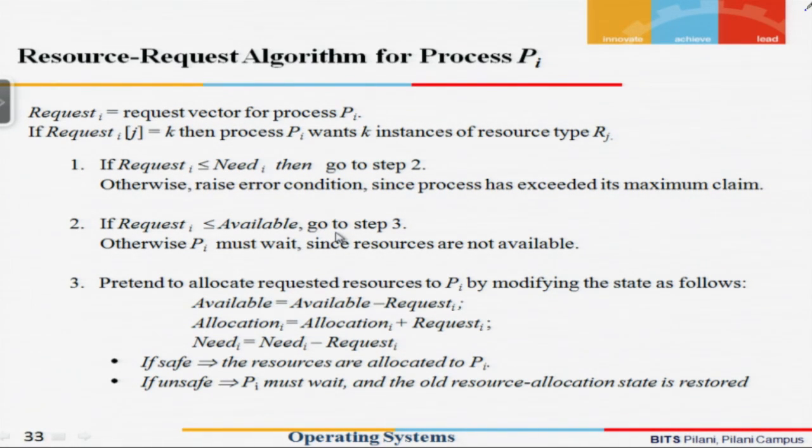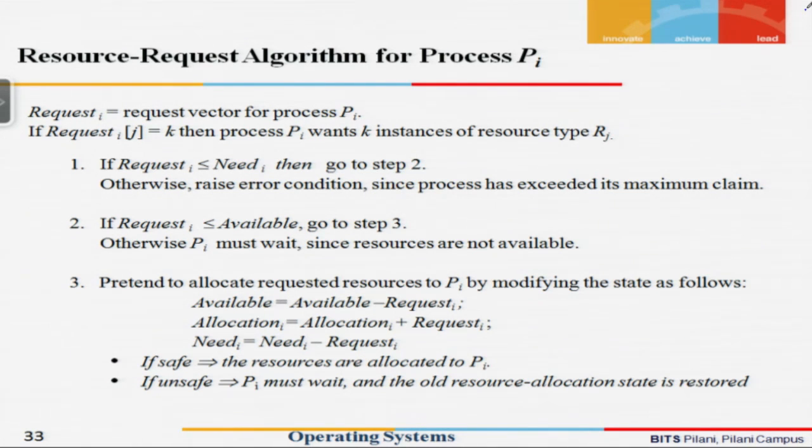If Request_i is greater than Available, the process is requesting resources that are not available in the system at present. They are probably held by some other processes. So the logical thing is that the process should wait.